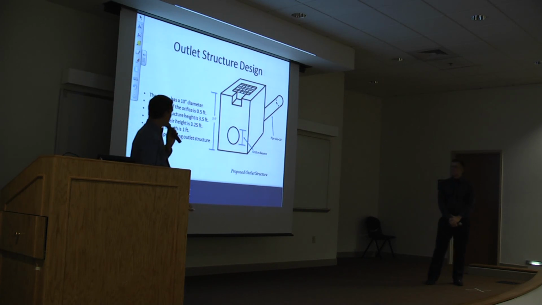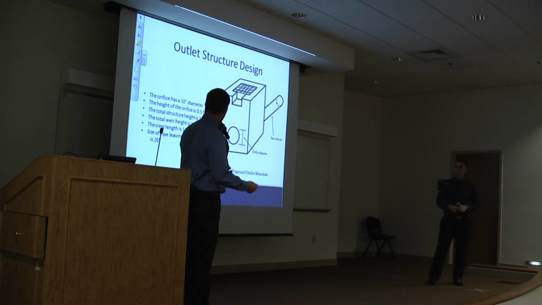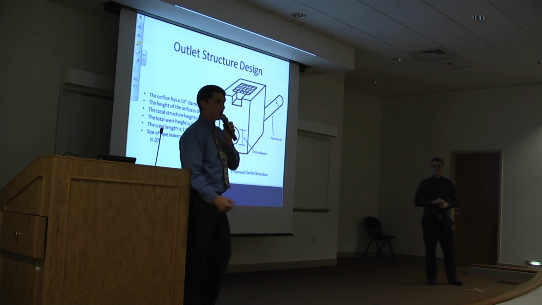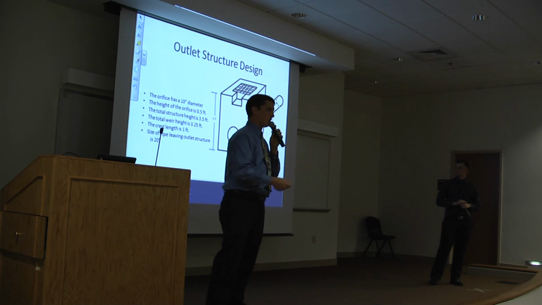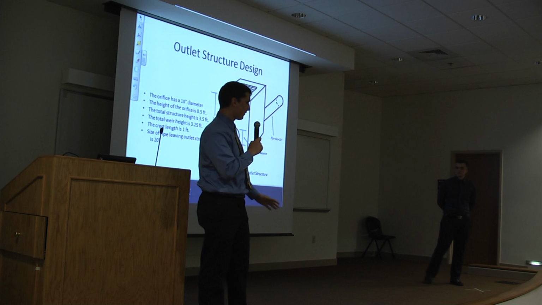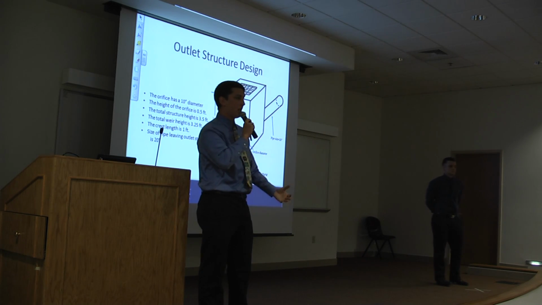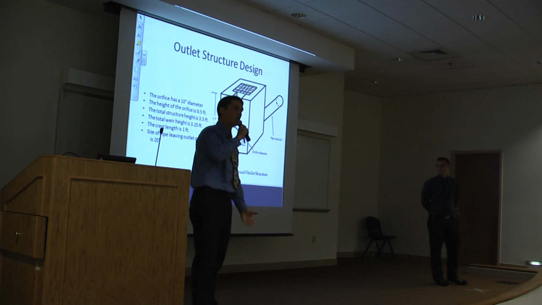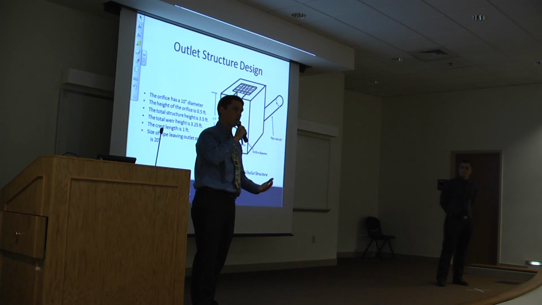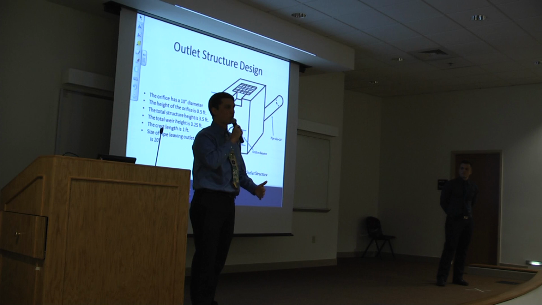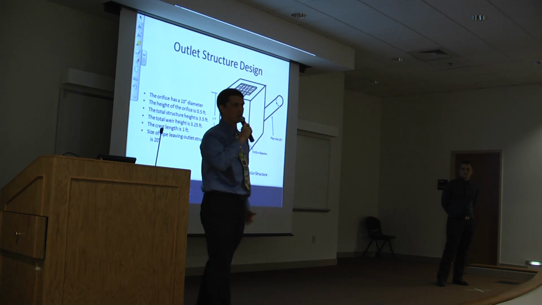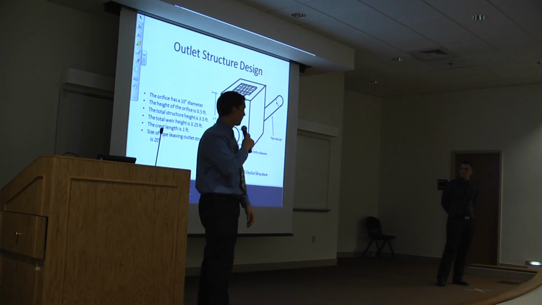Here's the outlet structure that was designed. We have an orifice, which is the hole into the outlet structure, of about 10 inches diameter. The height of the orifice is half a foot, which was determined by the water quality volume equation from the stormwater criteria previously.